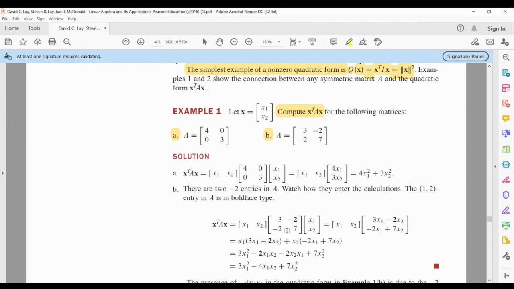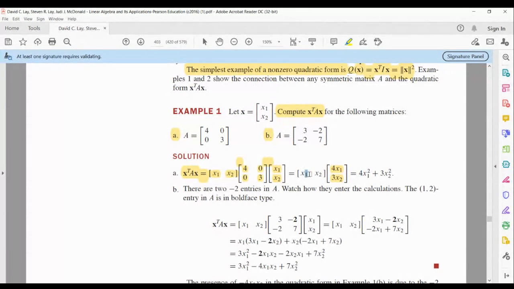So for quadratic forms, we are restricting ourselves to symmetric matrices. Now, x transpose A x: naturally, you take the matrix A times that vector x, and you get the vector with components 4x1 and 3x2.